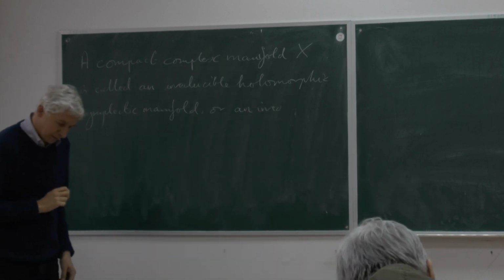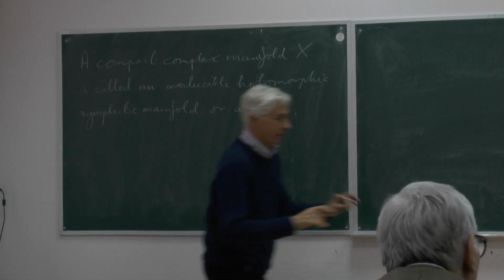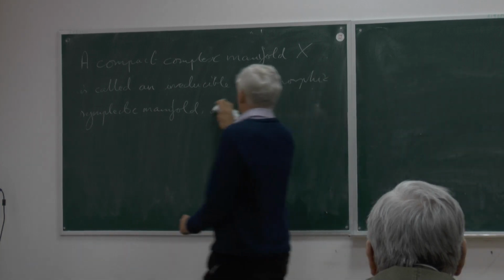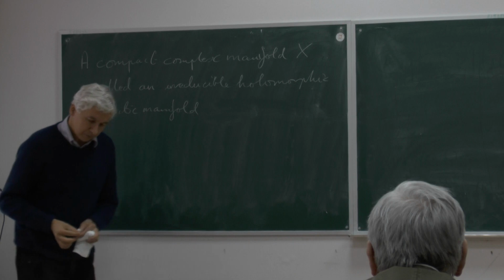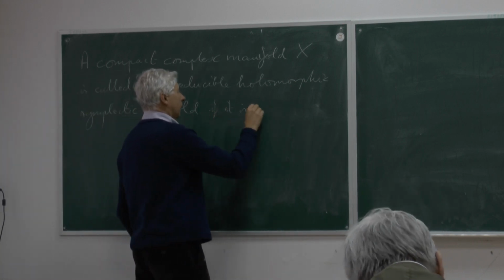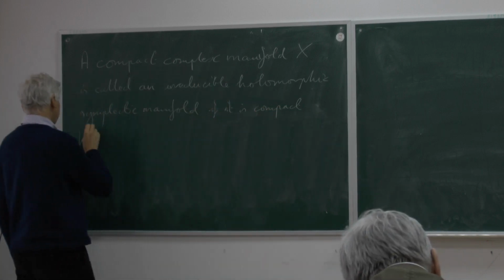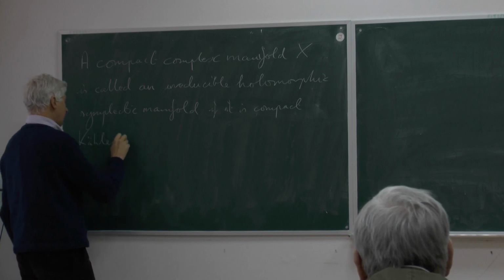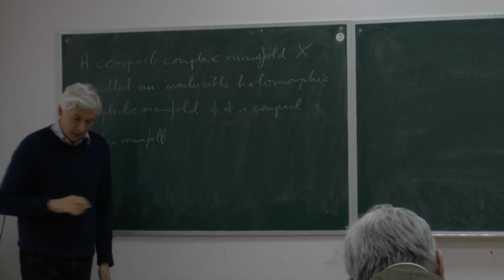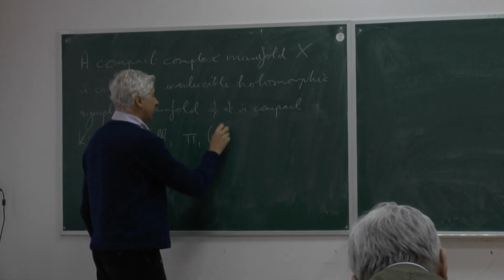Let me say that first: irreducible holomorphic symplectic manifold, if I want it to be a compact Kahler manifold, I want it to be simply connected.